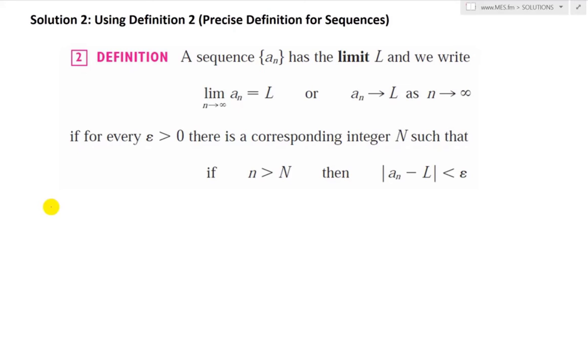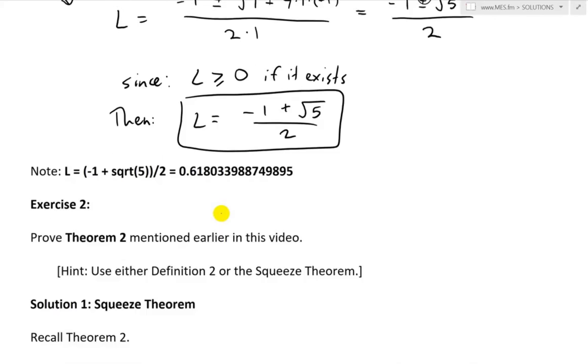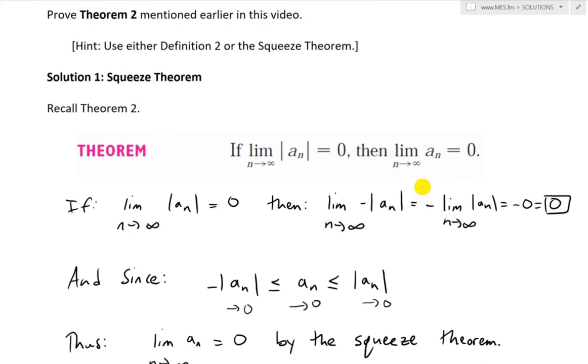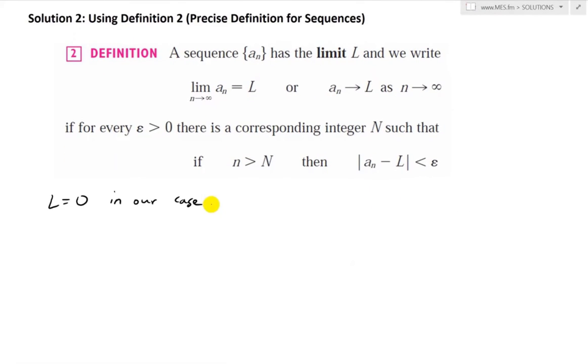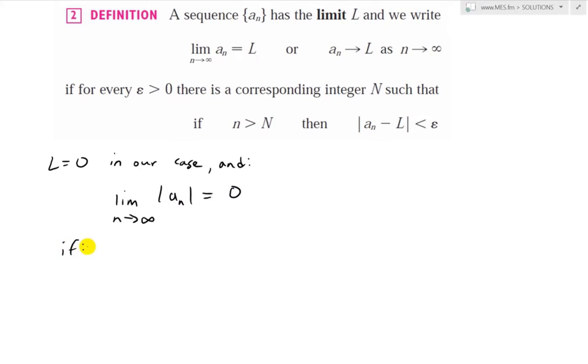If we use this definition, in our case L equals 0, because the theorem says the limit of the absolute value of a_n equals 0. So we have the limit as n approaches infinity of the absolute value of a_n equals 0, and this is if n is greater than capital N, then the absolute value of a_n minus L is less than epsilon.